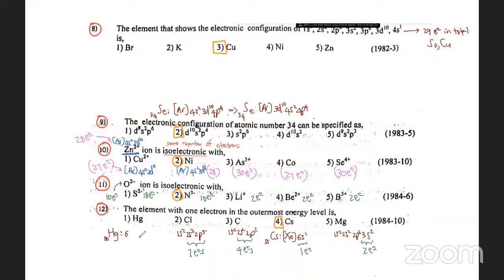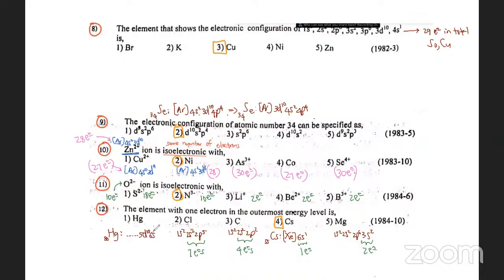Likewise, 6s2. Until xenon, it will have an f part also, no? Yes, it will have an f part and all, it's complicated. So it will end in 5d10 6s2.